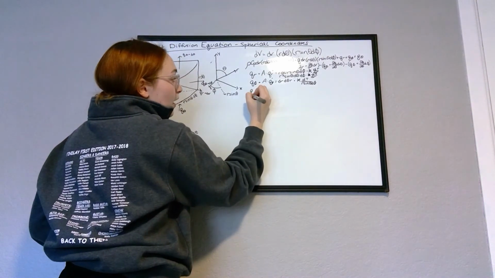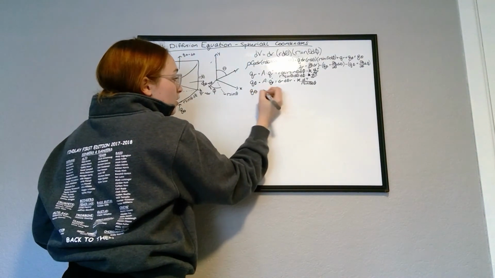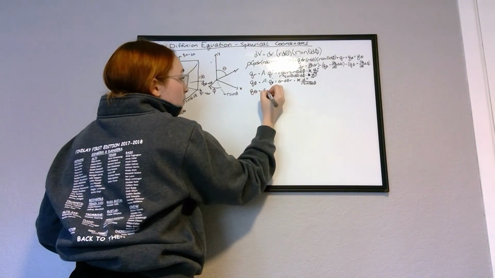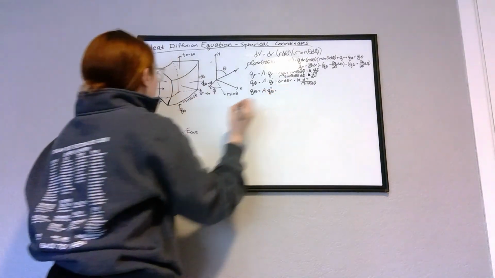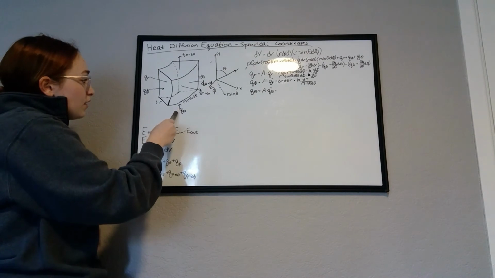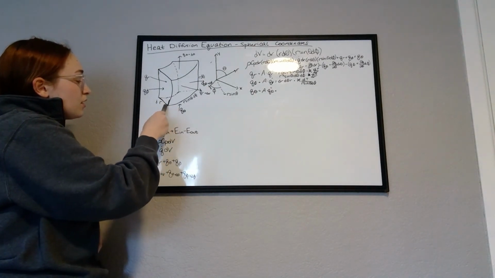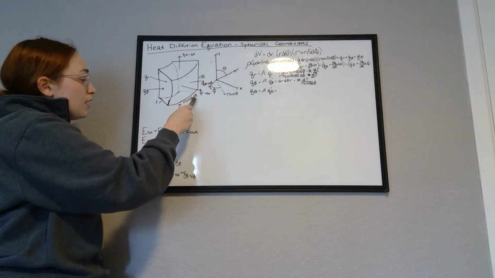And lastly, we have the theta, which is moving along dr r sine theta d phi.